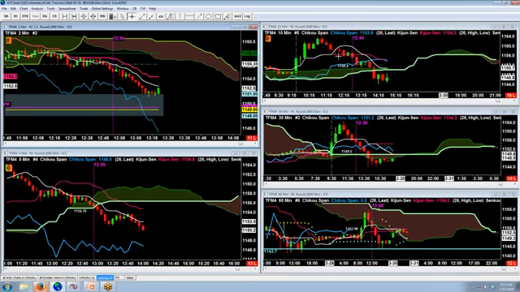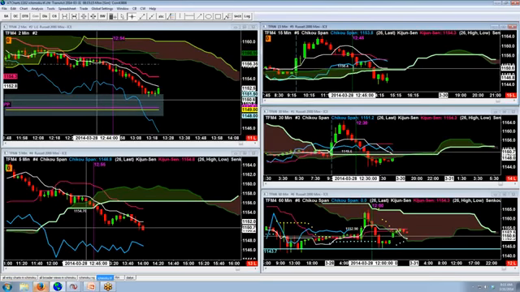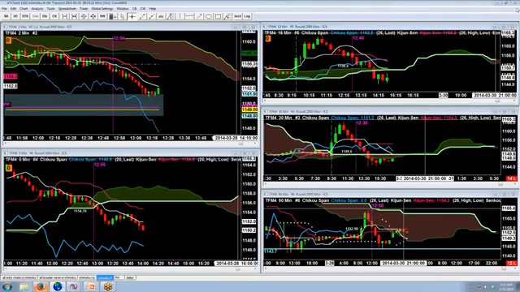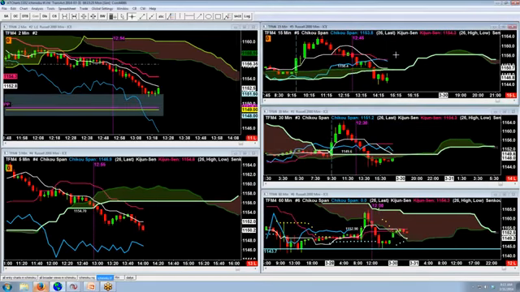Or if you're just going to stick to the 15 as your highest time frame, then you would look at the top cloud at 50.40, and then the lower part of the cloud here at, let's see what that is, I can't see past that, it's 49.80. And then if you can get through the 49.80, then it's clear air below.